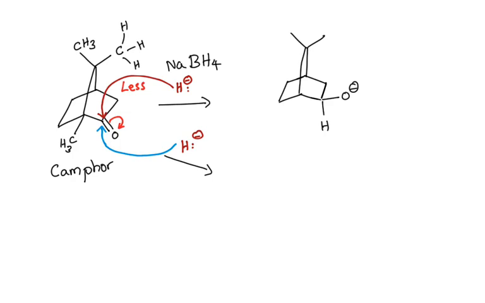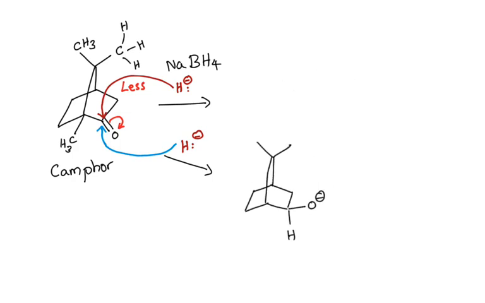So let me move this to here. Right? Hydride coming from the bottom. Now here is the hydrogen coming from the top, and the oxide ends up in the bottom.